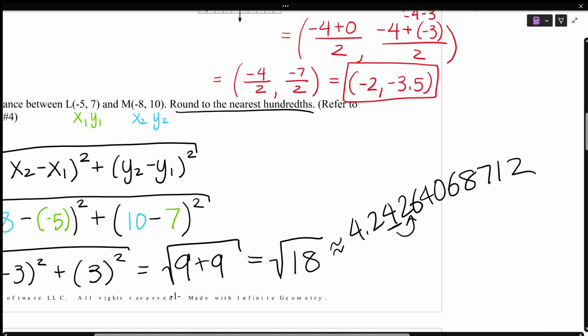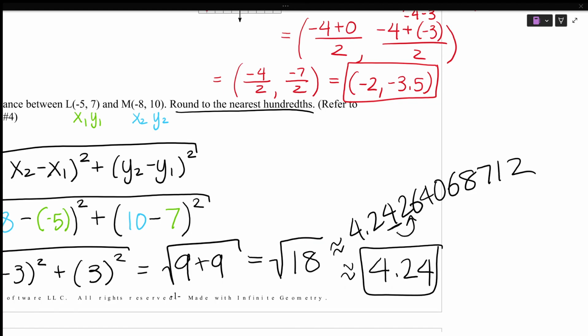So remember, if the number next to the hundredths place is 4 or below, then you stay at the same number. If it's 5 or above, then you move up to the next number. So here 2 is obviously below 4, so we're just going to stay at 4.24. So that is our rounded answer.